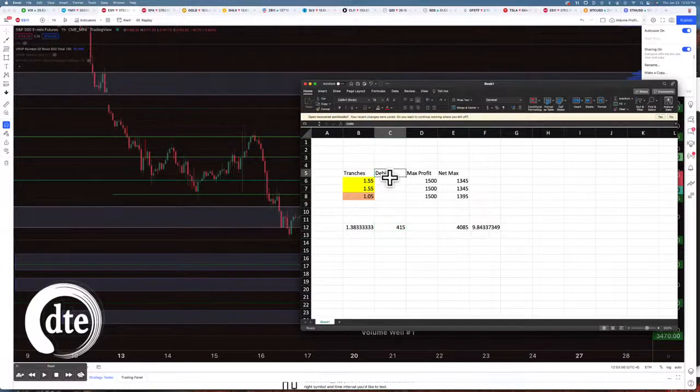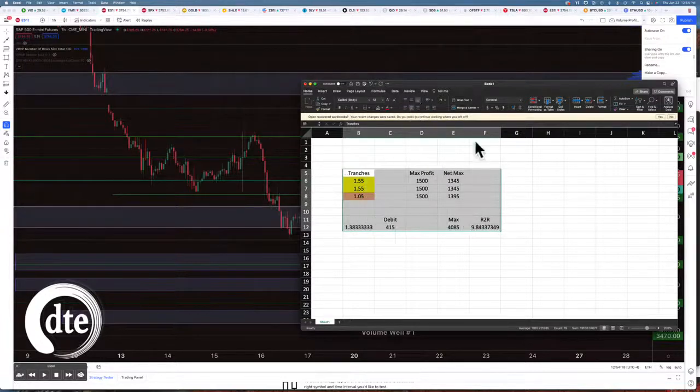Maybe I can bring that down here. And this is my max profit. And this is my risk to reward. I like to make everything centered, so I'm going to make everything centered like that.